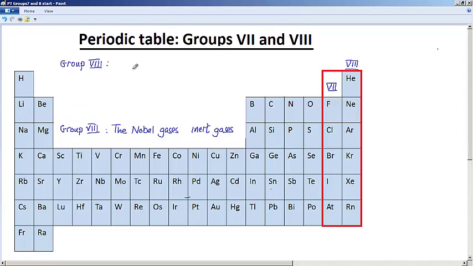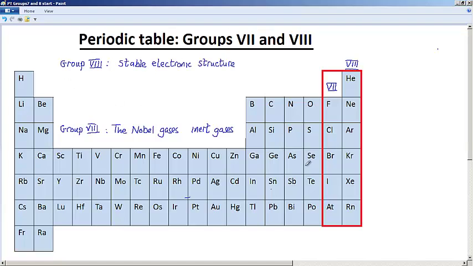In the next lesson you'll be looking at the atomic structure of the elements, and all I'm going to say now is that in the case of these elements, the noble gases, they all have what is called a stable electronic structure.